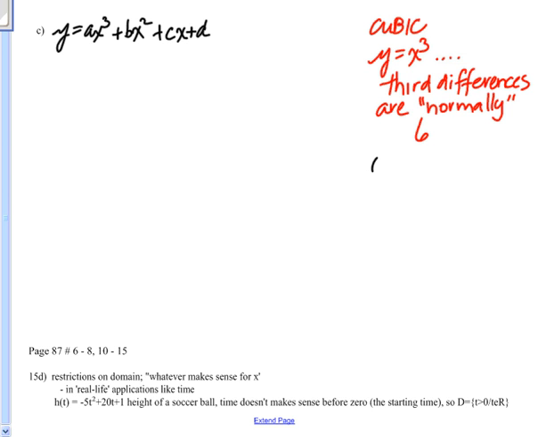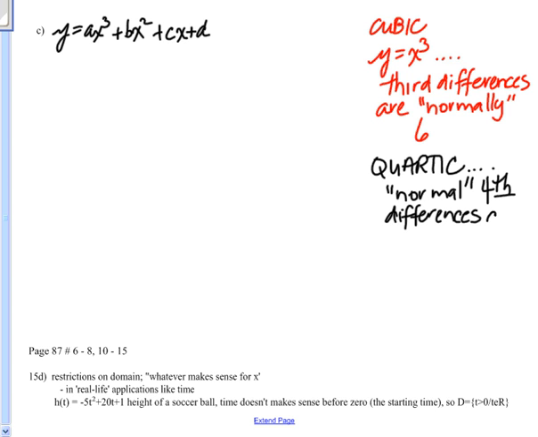Maybe you'll make note of this as well: for a quartic, normal fourth differences, which is what you would be looking for with a quartic, are 24.